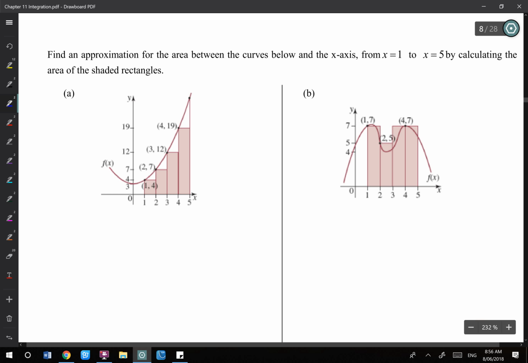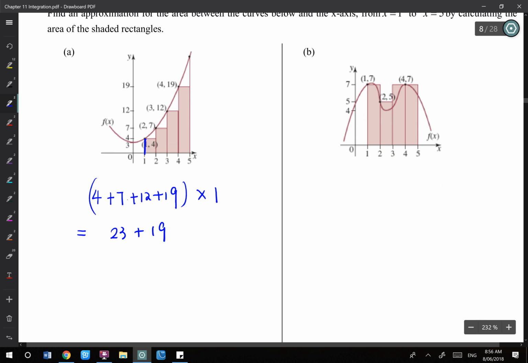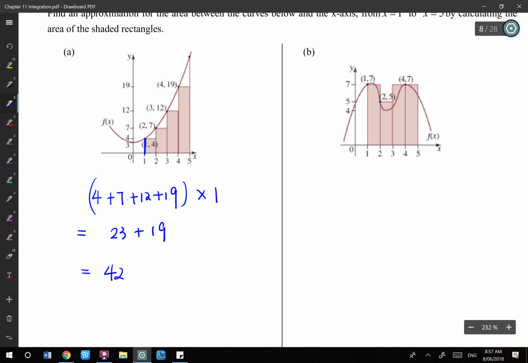So therefore, I will go for the first one with a height of 4, plus a 7, plus a 12, plus a 19, times 1. Okay, so we got 42.